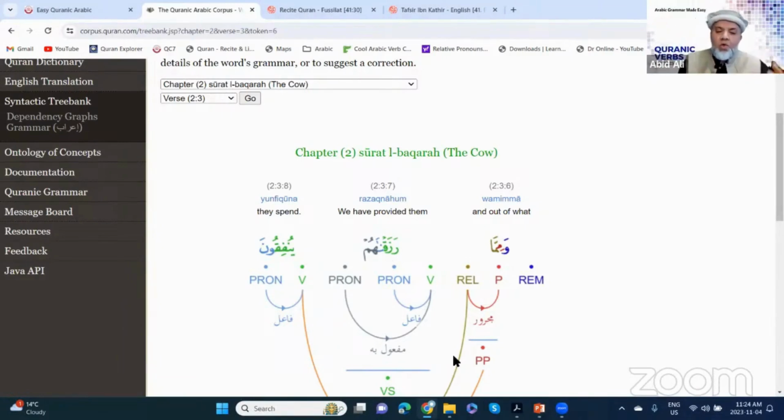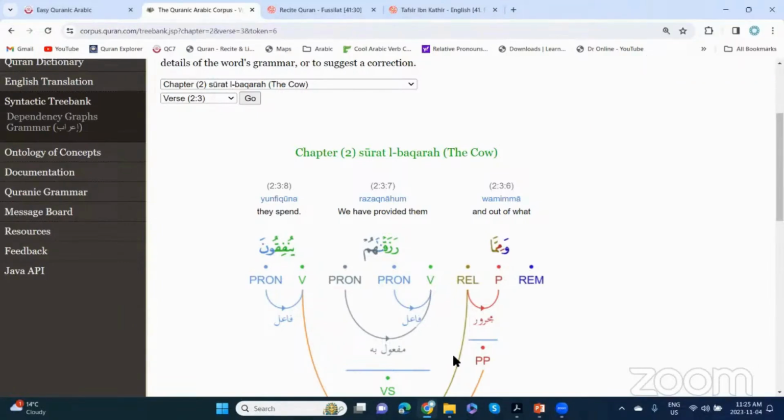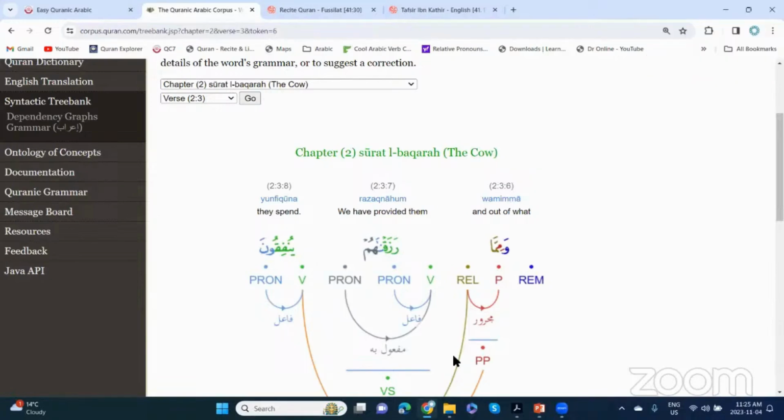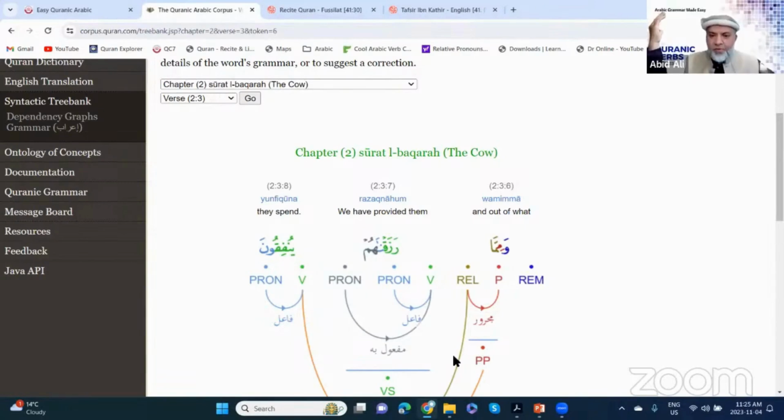But look at it: yunfiquna. They spend. Is yunfiquna madi or mudari? Mudari. And there are two reasons you said mudari: there is the una sound and there is the sign of ya. Now, ya, are we talking about they? Is it the third person? Yes. So Allah subhanahu wa ta'ala is saying, the people, we have provided them, and out of that they spend.